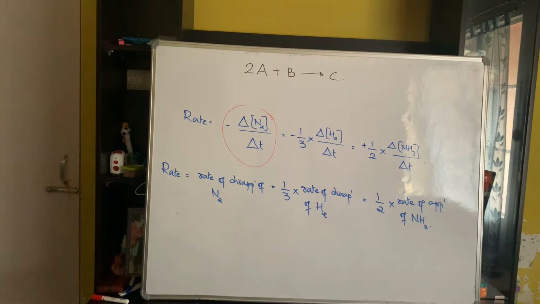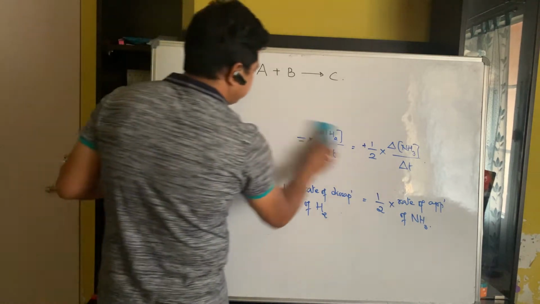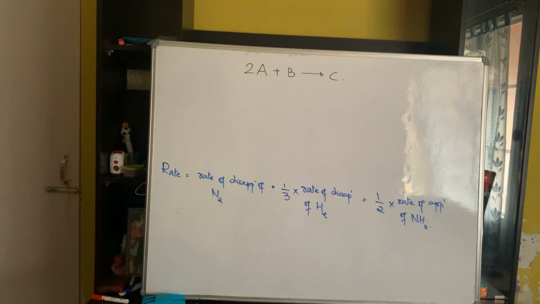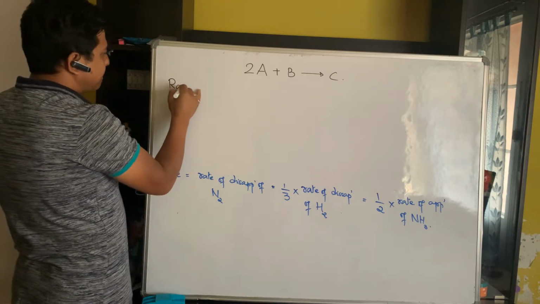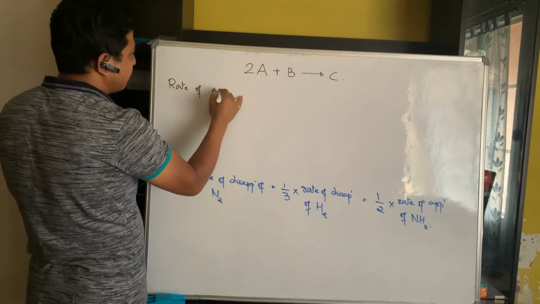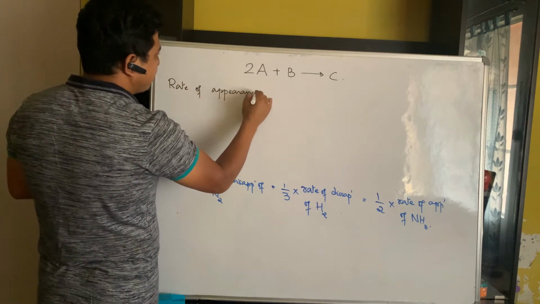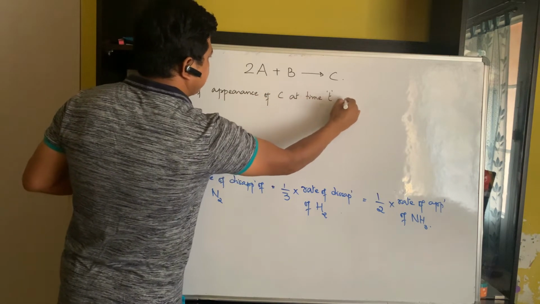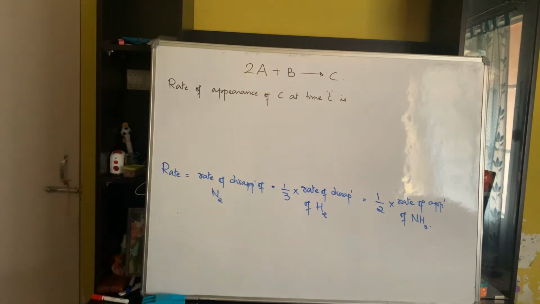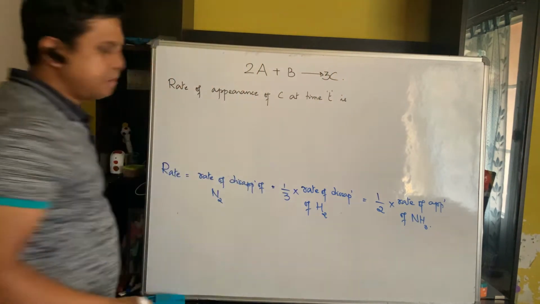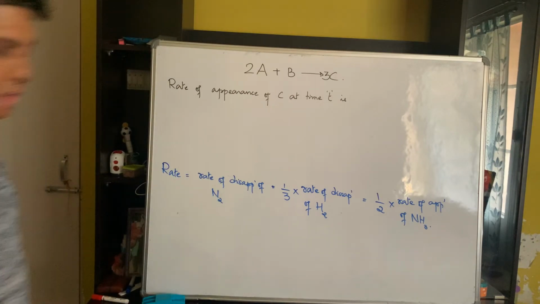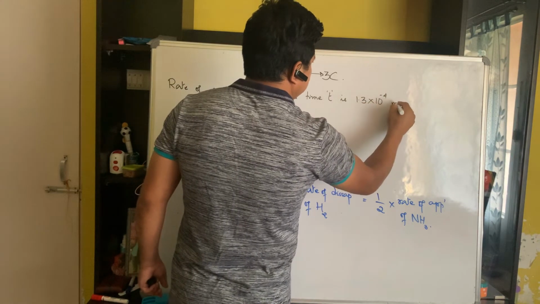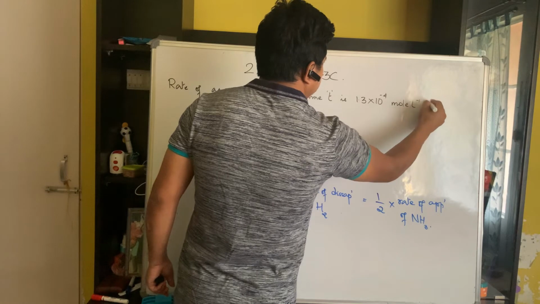Here in the question it is given that the rate of appearance of C is 1.3 into 10 to the power minus 4 mole per liter per second.